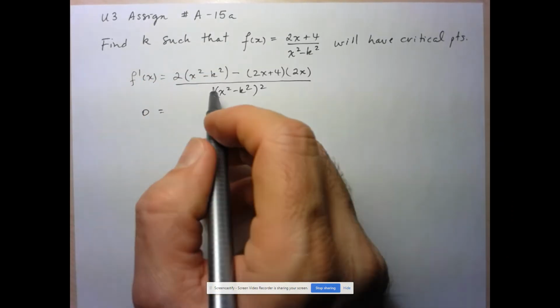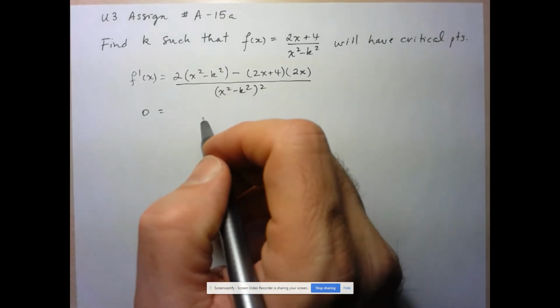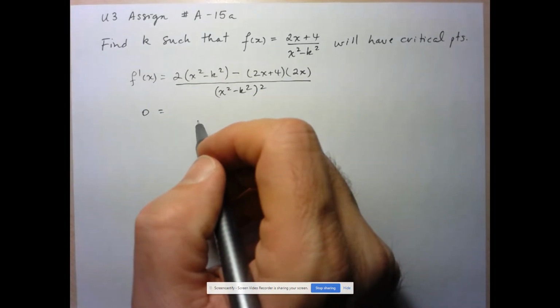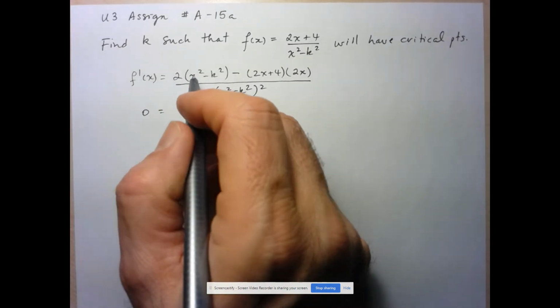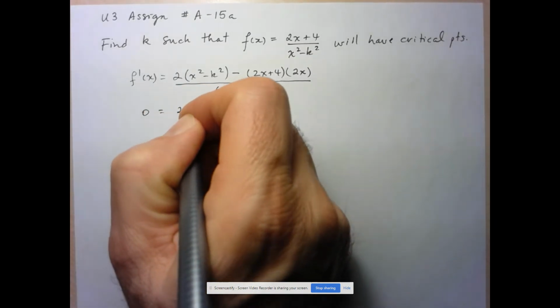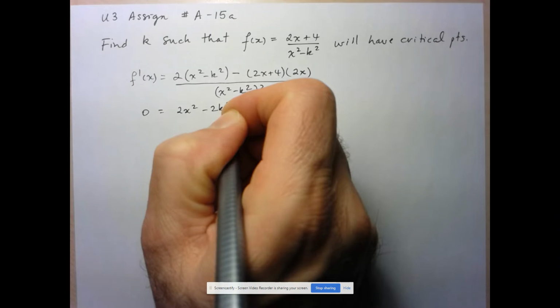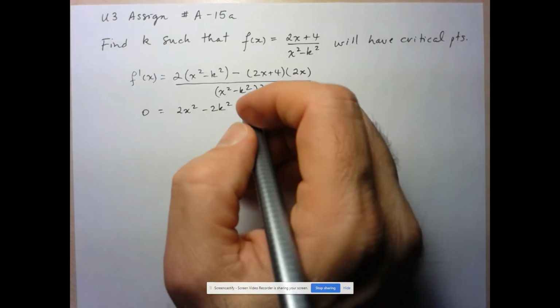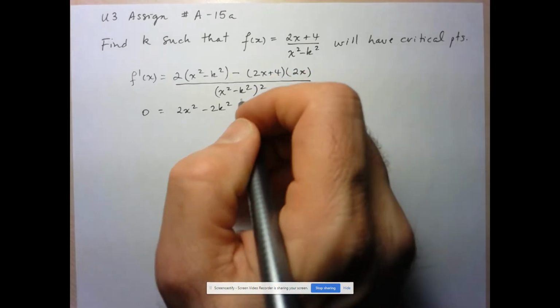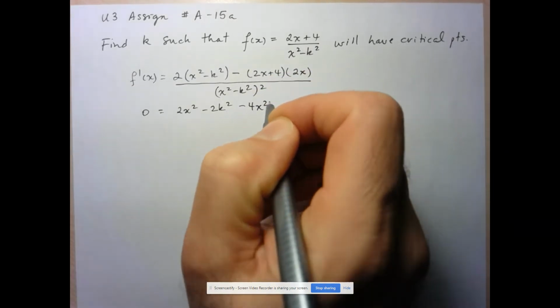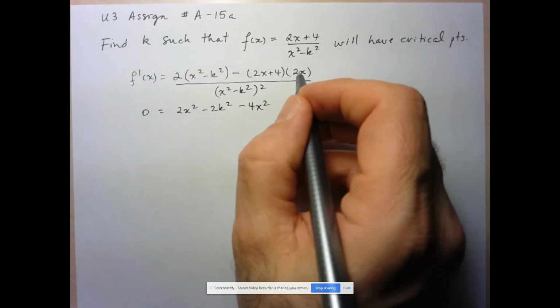What would we normally do? We would just simplify the numerator and see what would have to happen in order to solve it. I'll just go along, so let's distribute. We have 2x squared minus 2k squared, and then minus 4x squared, and here we have minus 8x.